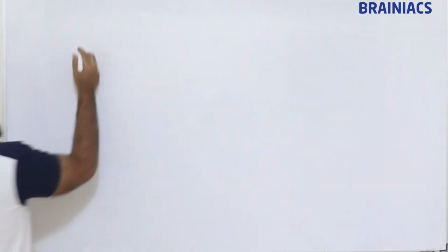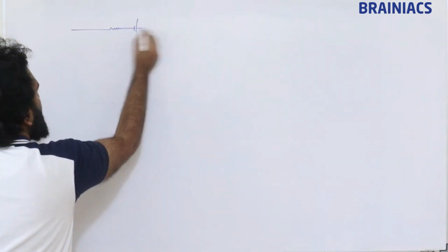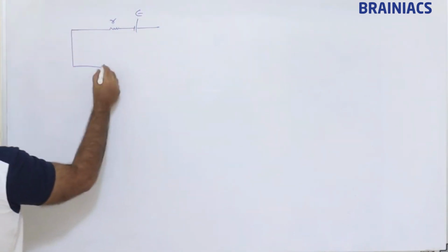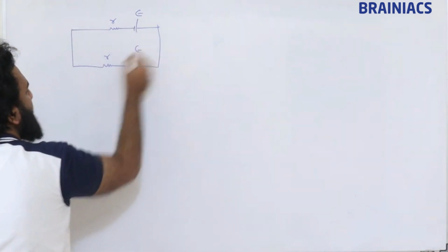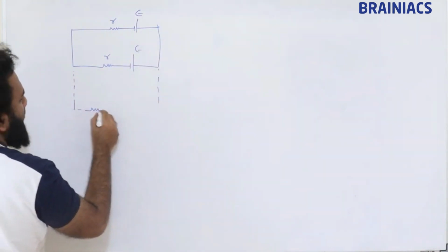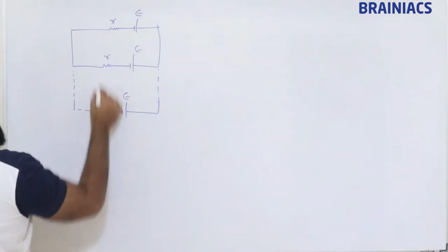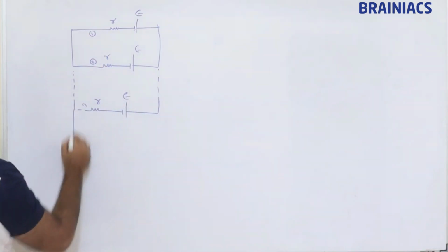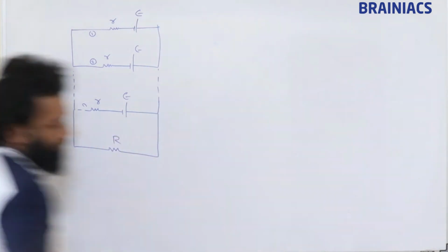Clear? Suppose we connect a cell E with internal resistance R, again cell E with internal resistance R, likewise so many, and finally we connected like this. So this is E, again R, one row, second row, nth row, and finally we have connected an external resistor also.